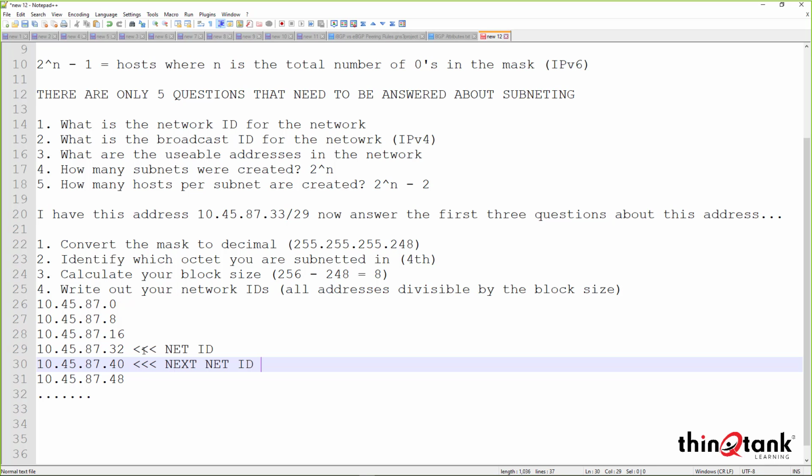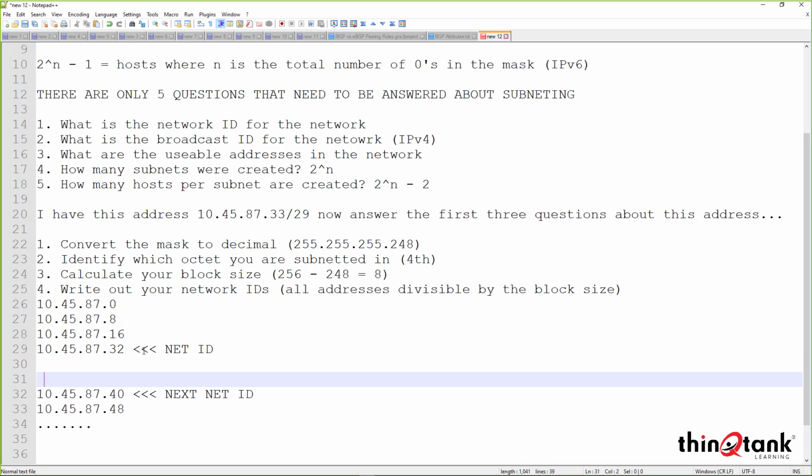What do I know about the previous network? I know the broadcast address, because the broadcast address is always the last address in the subnet. Always. So this is the broadcast address, broadcast ID.